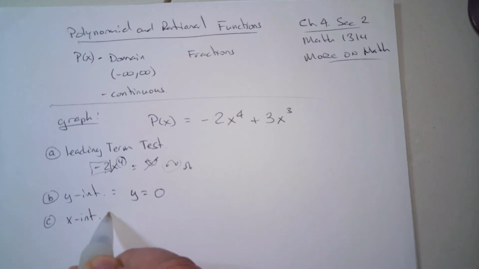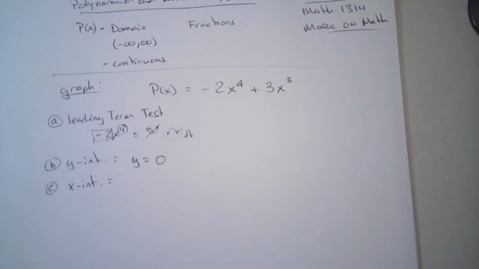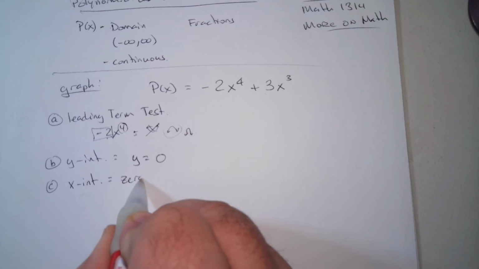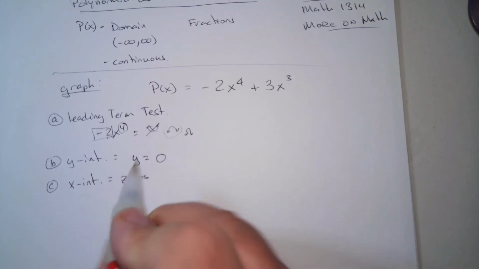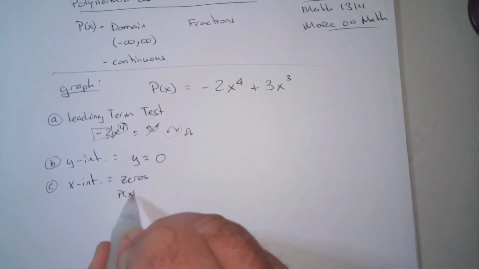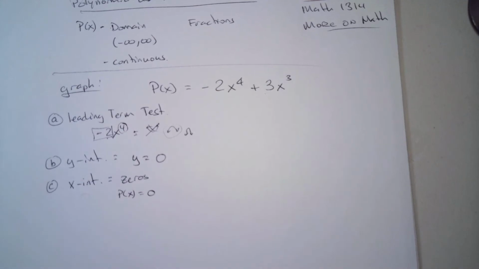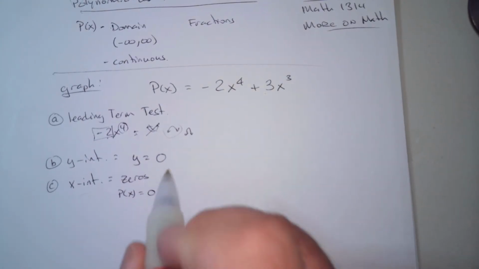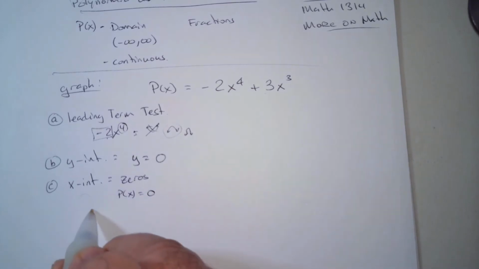We look for the x-intercepts. The x-intercepts are also called the zeros. That's when we set the polynomial equal to 0 and solve for x. When we graph these equations, these zeros have another name.